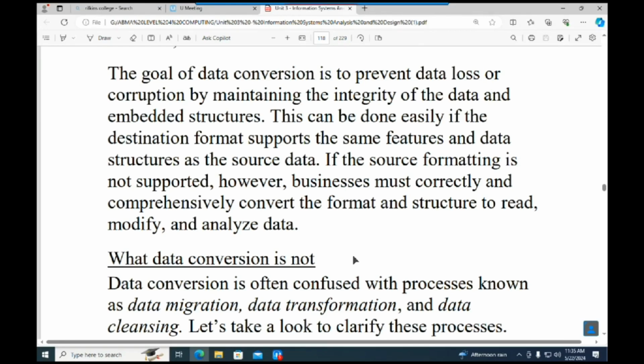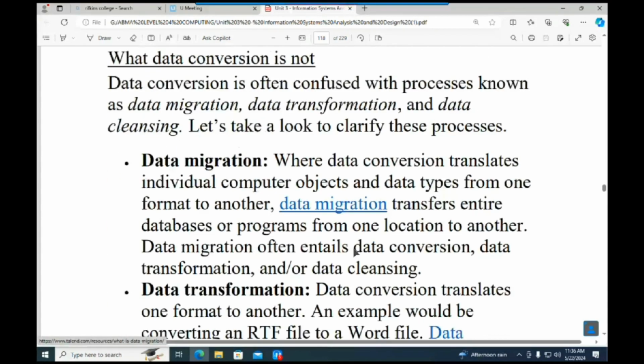Now, to do that, you need to make sure that the destination format supports the same features the data is in. If we have a source format that is not supported by the destination format, then we must convert that format correctly, so that we are able to read, modify, and analyze that data where we are sending it.